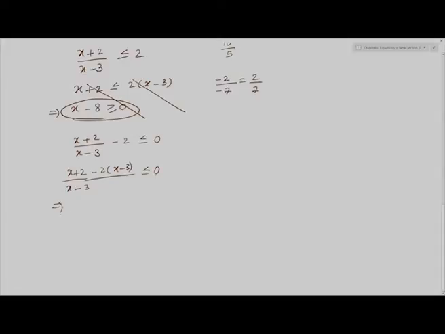This implies (-x + 8)/(x - 3) ≤ 0, that is (8 - x)/(x - 3) ≤ 0. I am multiplying both sides by the minus sign, therefore the inequality should be reversed. So, (x - 8)/(x - 3) ≥ 0.